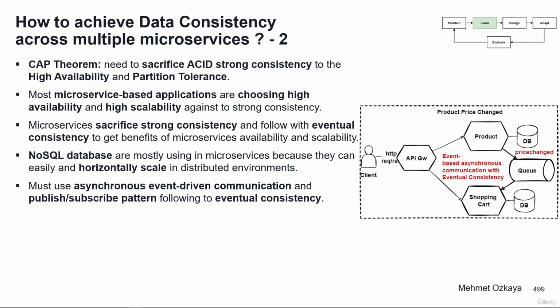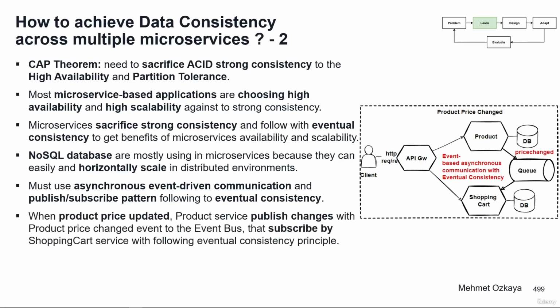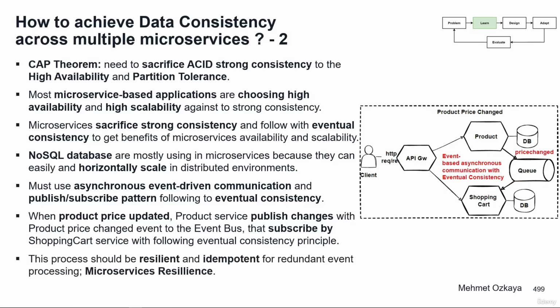If we return to our problem, the product price changed in the e-commerce application, the product microservice should publish the change as a product price change event to the message broker system, and this will be subscribed to by the shopping cart microservice, following the eventual consistency principle. And of course, this process should be resilient and idempotent for redundant event processing, which we will discuss in the microservices resilience section.